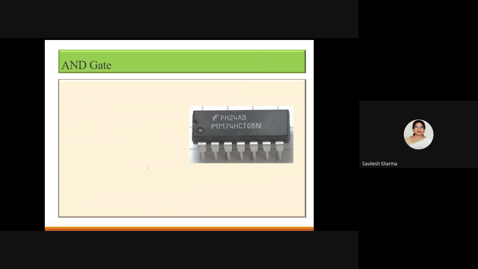This is the real IC. If you want to do an experiment using the AND gate, you will bring this IC, and it is again a 14 pin IC, but the number is changed. The AND gate IC number is 7408, and it is a quad 2 input gate IC.